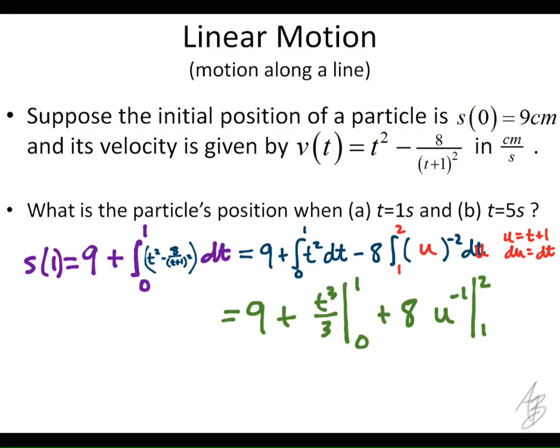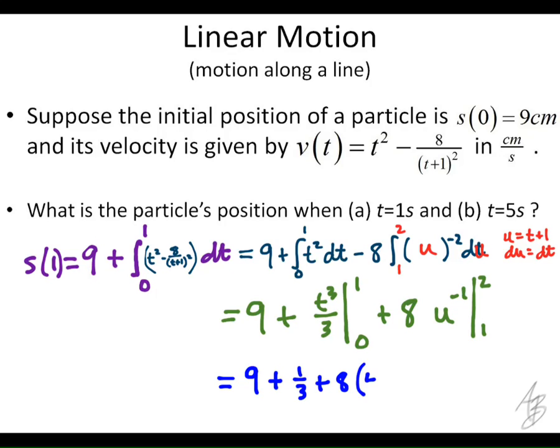So then that's going to give us 9 plus, here we get 1/3 minus 0, so just plus 1/3, plus 8 times, well, 8 over 2 is going to be what?